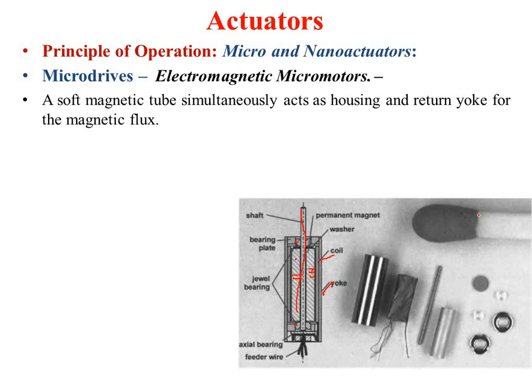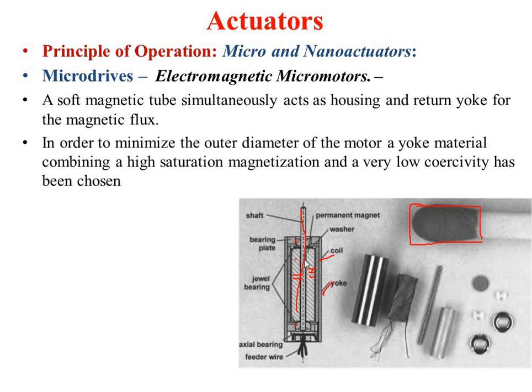Now you can see how small this micromotor is. It is near to the tip of a matchbox. You just imagine how small it is. In order to minimize the diameter of the motor, a yoke material combining a high saturation magnetization and a very low coercivity has been chosen.